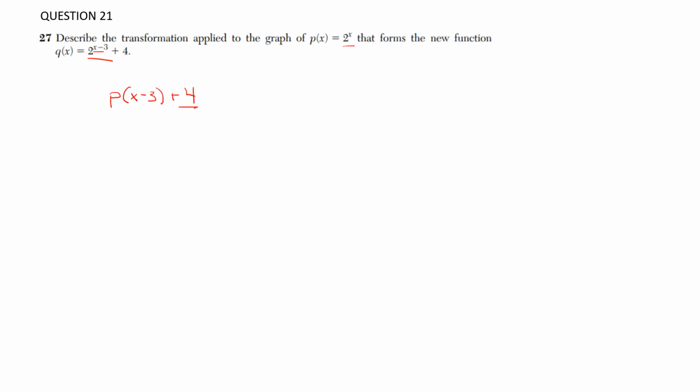Now when we add a constant to a function, all that means is you're shifting it up by that amount. So this is shifted up by 4. Now you also have this x minus 3 term. It's always the rule that x minus 3 shifts it right rather than left. So a negative means it shifts right, by 3 units.